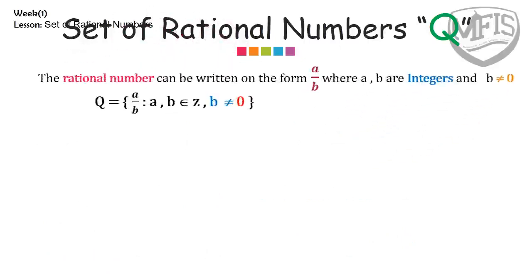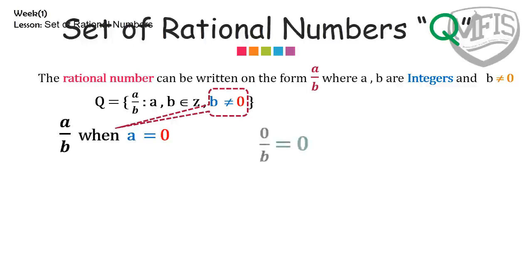In the criteria, we have focused on b doesn't equal 0. What will happen if a equals 0? Any fraction which has numerator equal to 0, the result of this fraction will also be equal to 0.